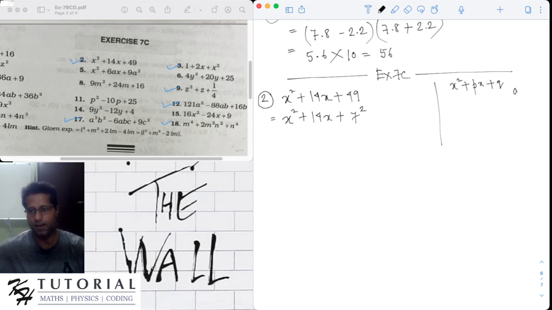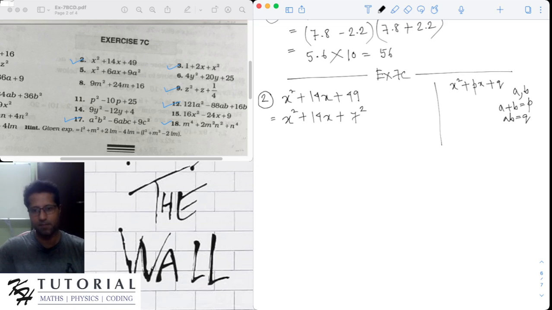We have to find a and b such that a plus b is equal to p and ab is equal to q. This is one way. But if you see that from the given polynomial you get the form a square plus b square plus twice ab, then you can directly apply the formula of a plus b whole square to create the factorization.